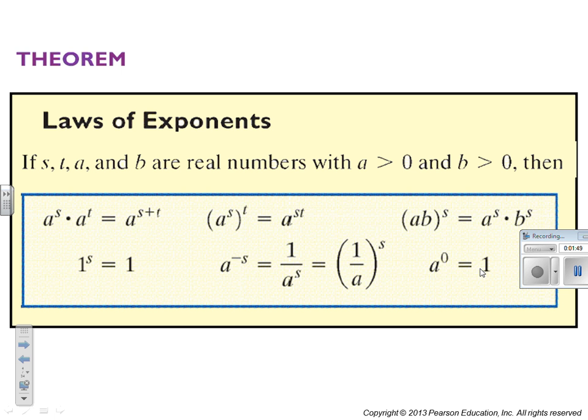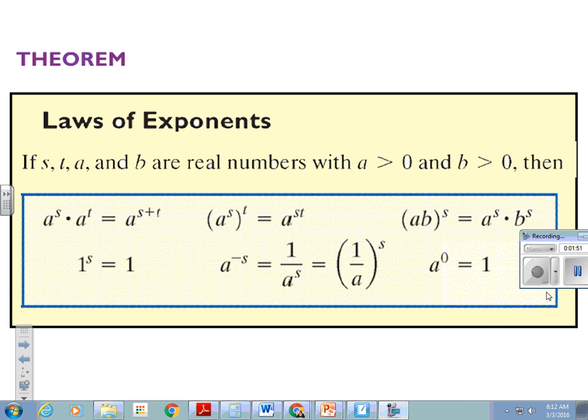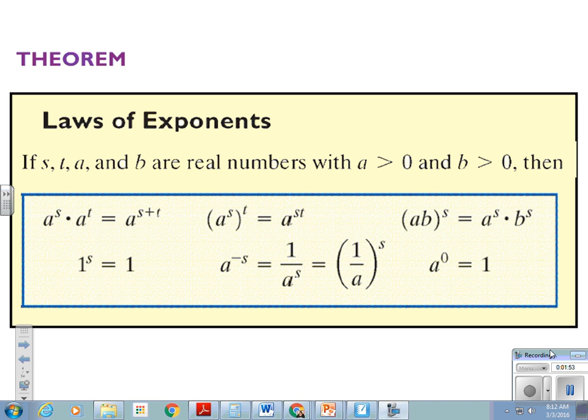All right, do not forget the laws of exponents. It's easy when it's been a while since we've done exponents. So if I am multiplying 2 of the same bases together, I can write it as one base with the exponents added. If I am raising a base and power to another power, I'm just multiplying the powers together, same base.